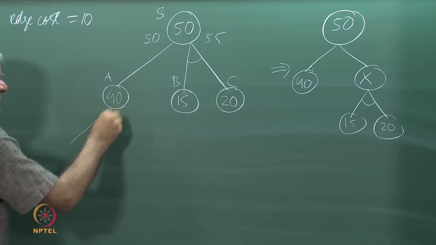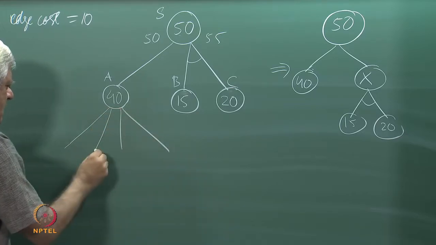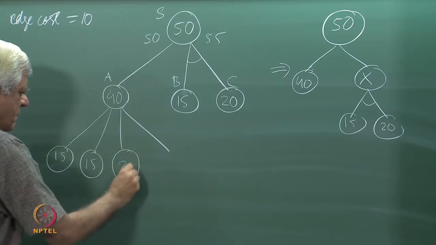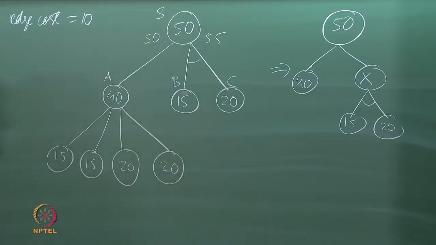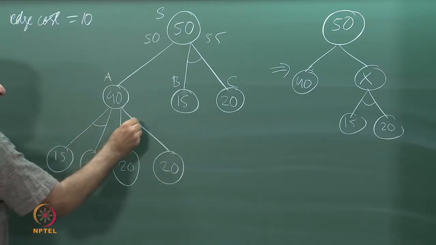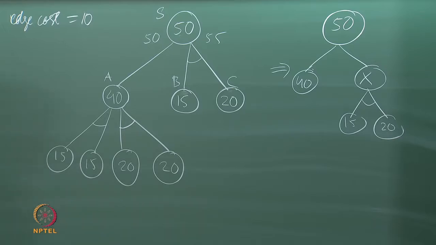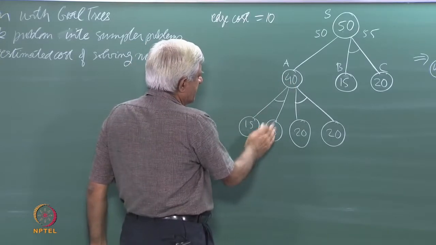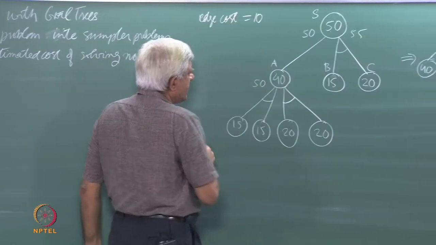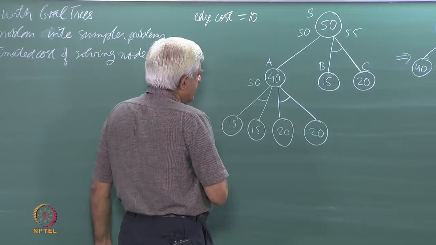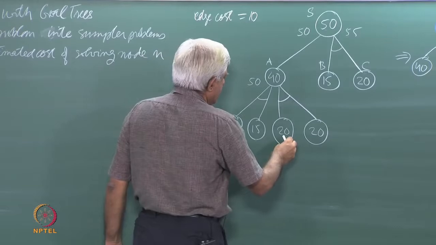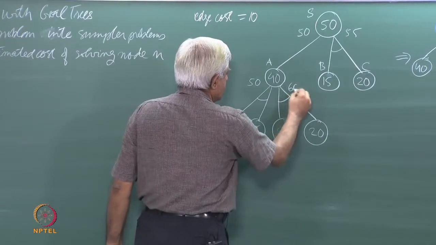Then let us say I get this. Some values, and this is an AND node and this is an AND node. Then I can revise my estimated cost of solving A. So, instead of 40 now this has become 30 plus 20, 50 here, and this has become 40 plus 20, 60.